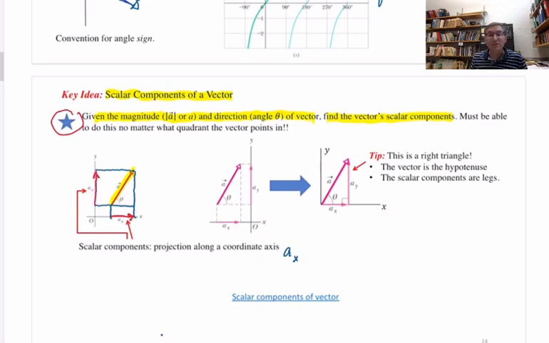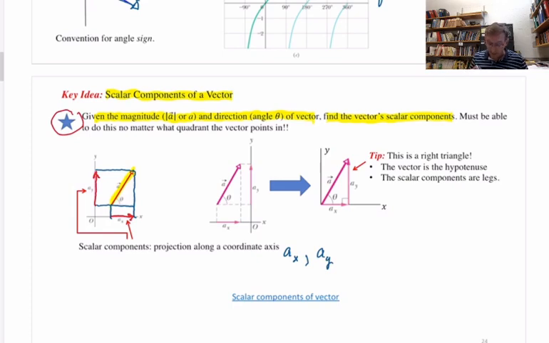And that represents the projection of A along the y-axis. And that's called the y scalar component, a sub y. Okay?